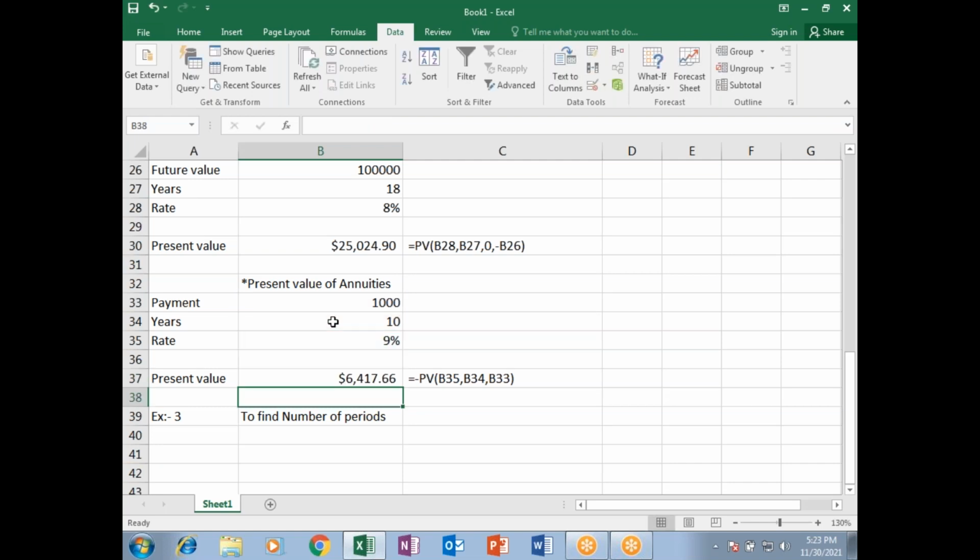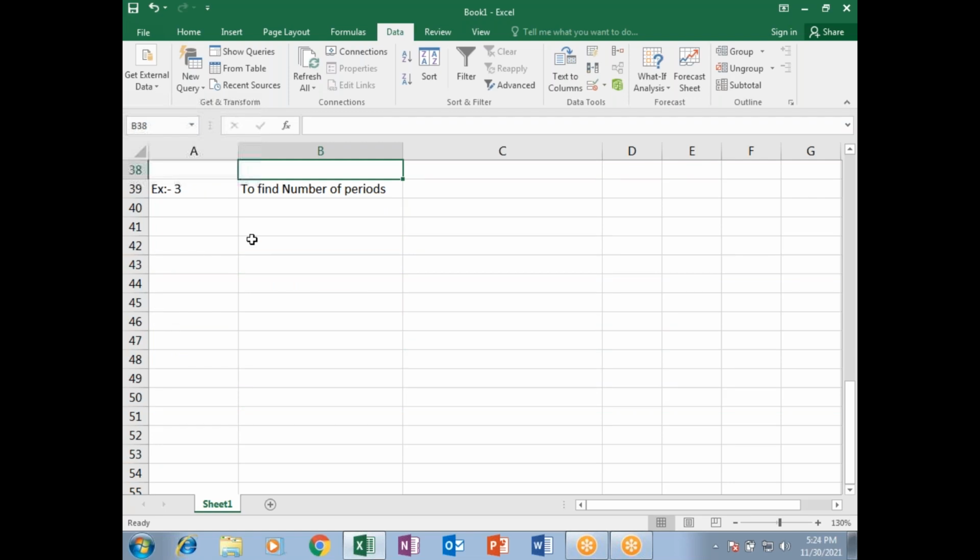So now what example will I do? Now you assume present value. I'll be having a present value of 1250.